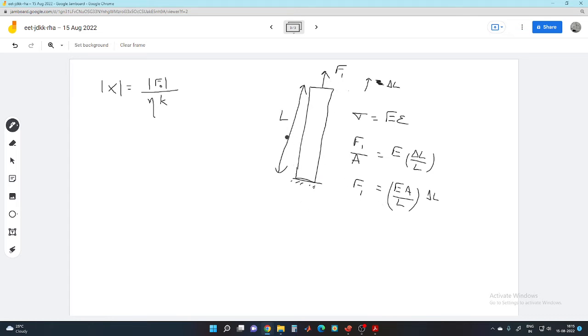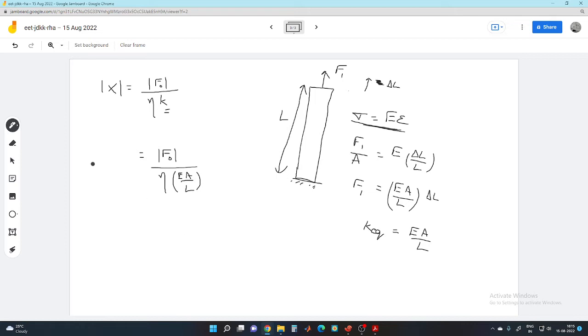Now we are using this as a spring element, right? The elastic component, which is assumed to be of this form, gives the stiffness as force is equal to stiffness into extension. So K equivalent is equal to EA by L. So we can write mod of X as mod of F naught upon eta E A by L, right?